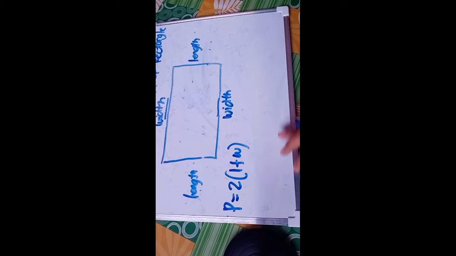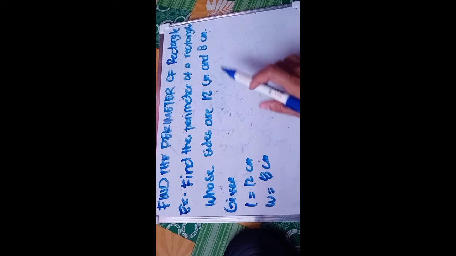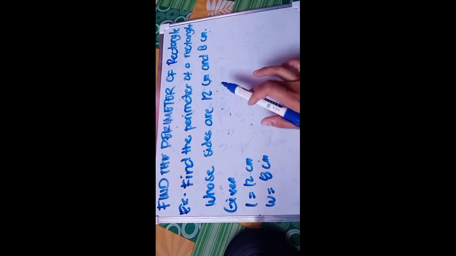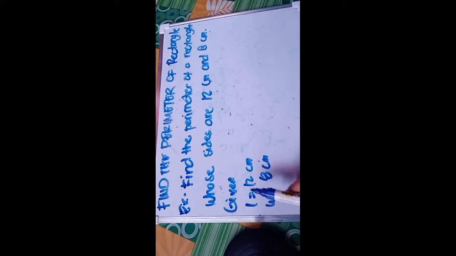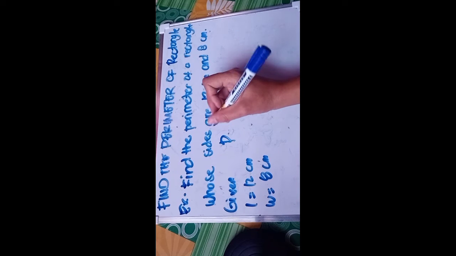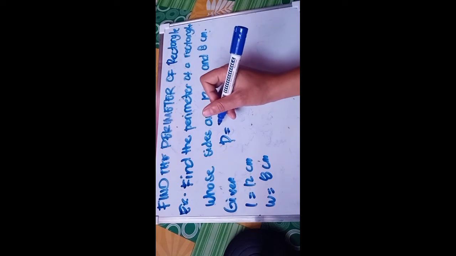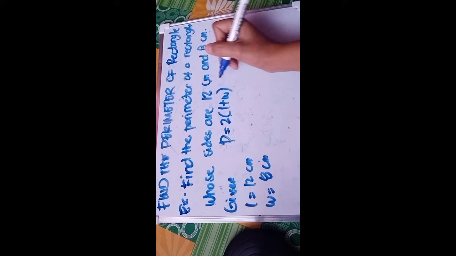So now let's have the examples of the perimeter of a rectangle. Find the perimeter of a rectangle whose sides are 12 cm and 8 cm. So in our given, length equals 12 cm and width is 8 cm. So this is our formula: perimeter equals 2 times length plus width.